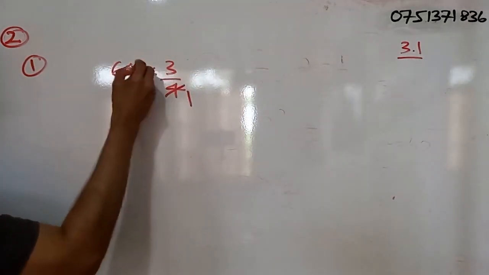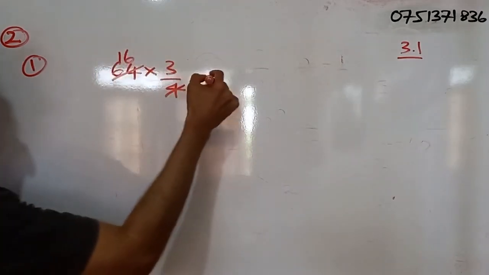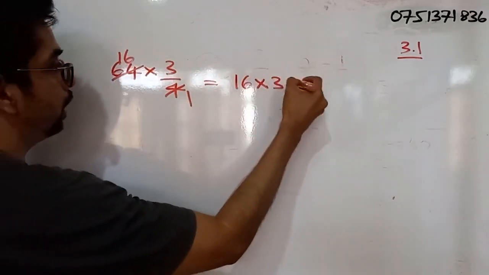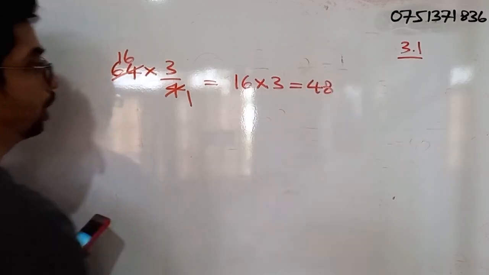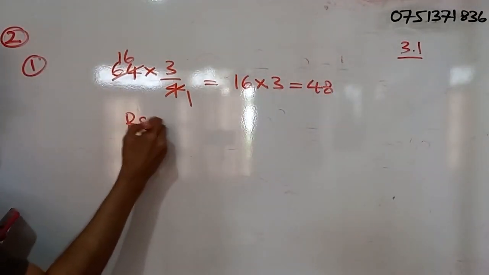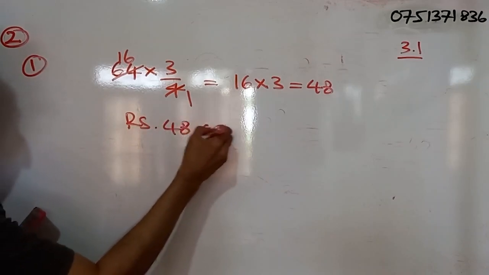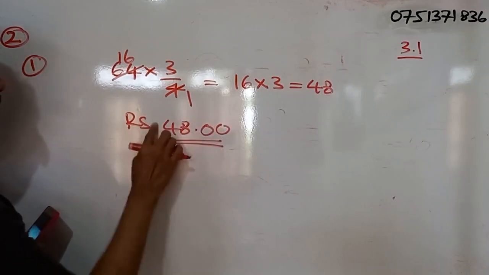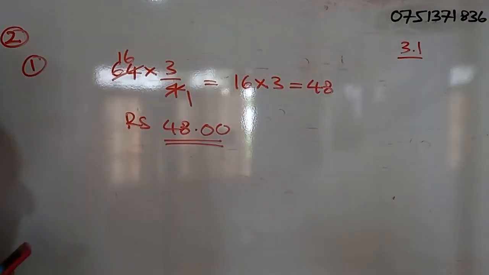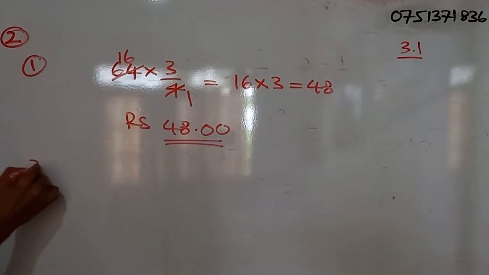So 4 times 1 and 4 times 15. And we know 15 into 3, that is 45. So this is the number value. So we have to actually write rupees 45. We have to mention the unit.